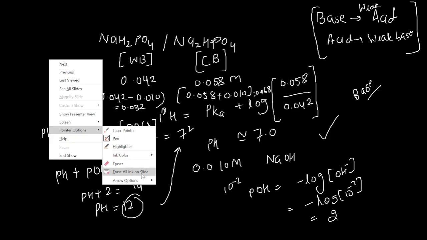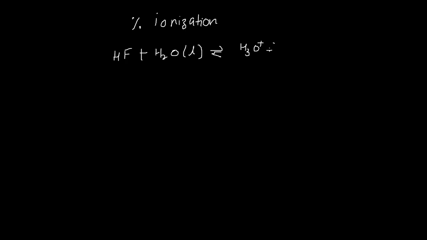Okay, so you can also calculate the percentage ionization. For example, if you are adding HF to H2O, which is a liquid, basically, and the liquid we will not consider in the equation, then you will have H3O positive and F negative.